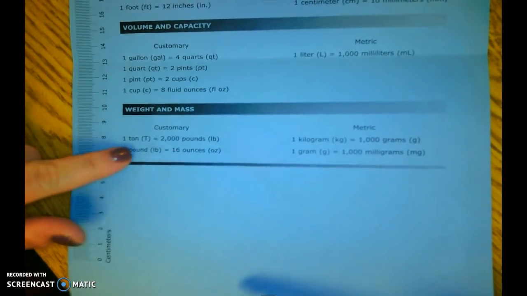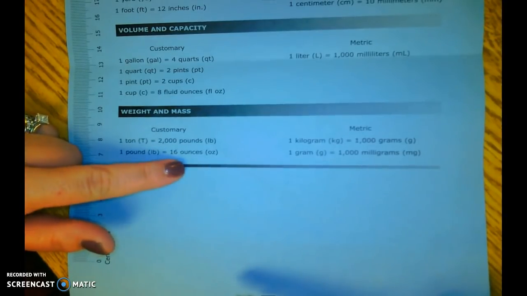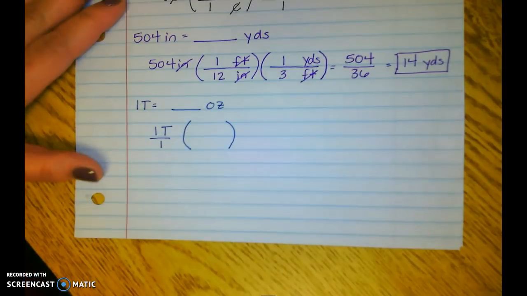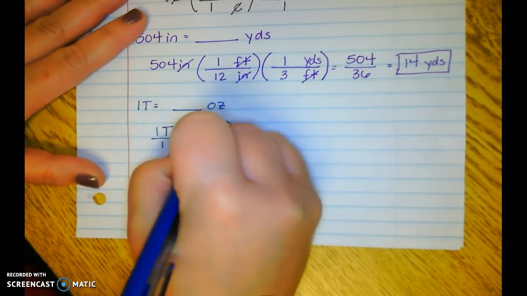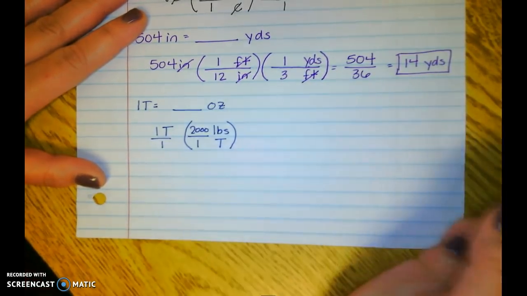Okay, so I'm going to go to my formula chart, and tons does not go to ounces, but tons goes to pounds, and pounds goes to ounces. So I'm going to go ahead and go from tons to pounds, and then from pounds to ounces. So this is going to be tons to pounds, and it says that 1 ton is equal to 2,000 pounds.